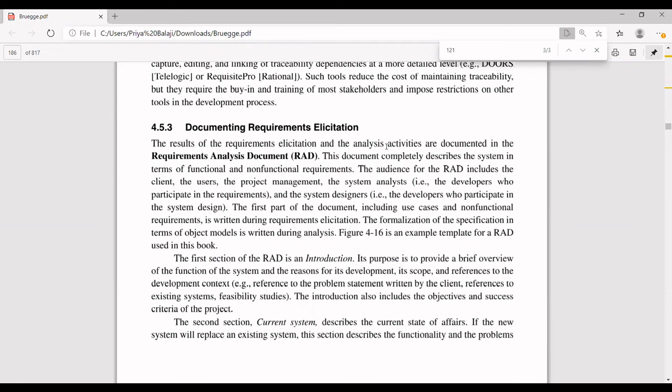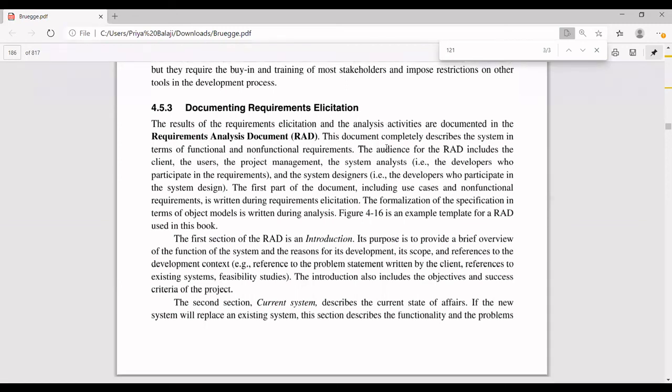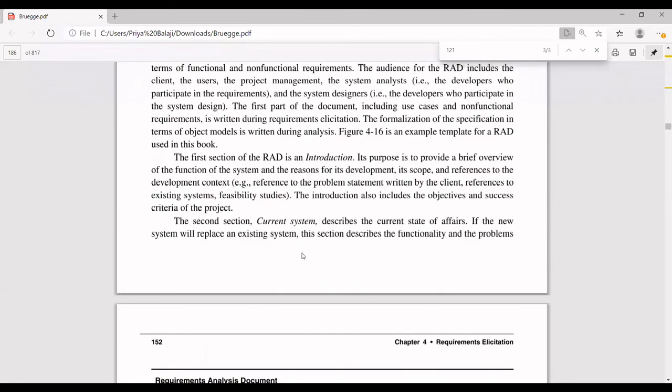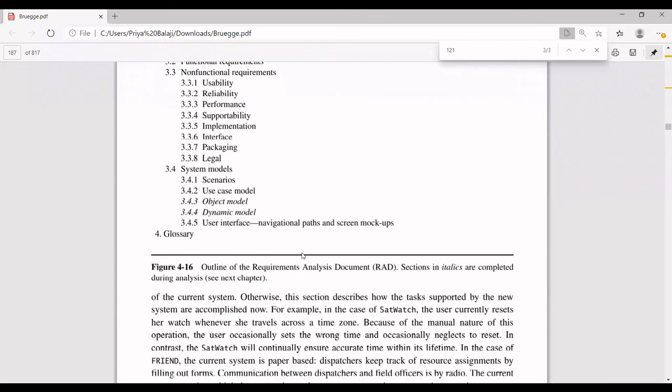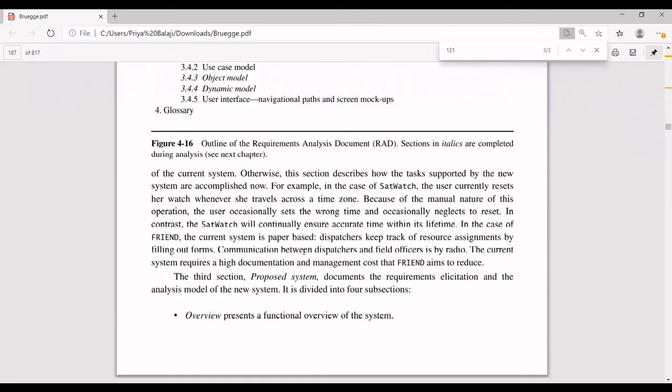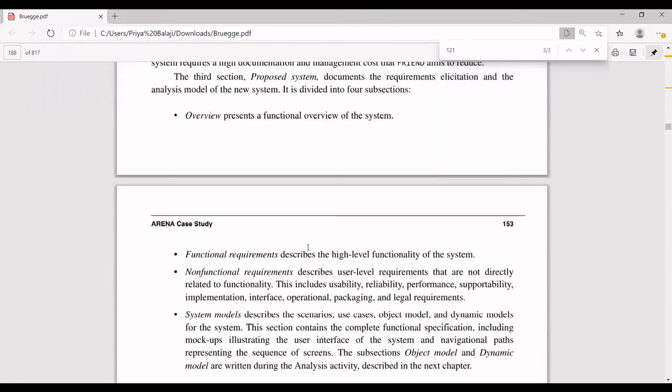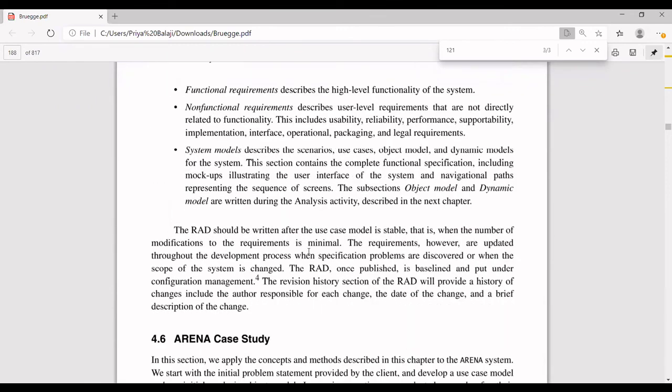All these things will be done in documentation form. You can see here, it is given in the form of a document. What should be there inside the document? What requirements should be included?